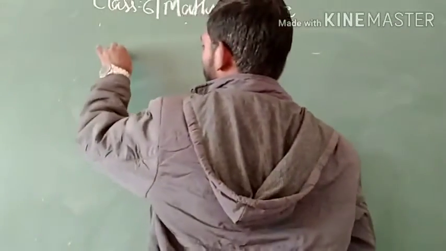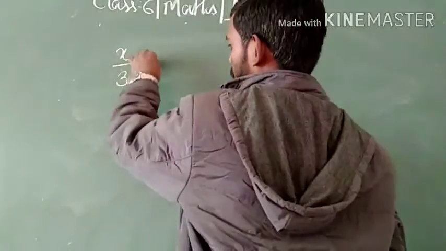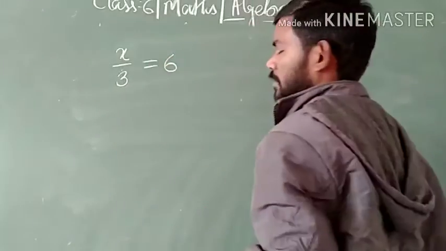The next question is x upon 3 is equal to 6.